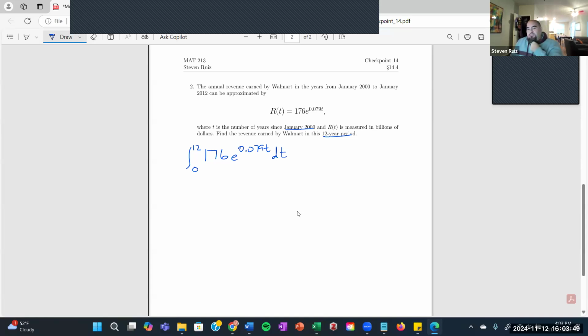So if you think about the derivative of exponential functions, the derivative of e raised to some power is e raised to that power times the derivative of that power. So if I take an antiderivative, I'm going to divide by that power. So my antiderivative will look like this: 176 over 0.079 e to the 0.079t evaluated from 0 to 12.